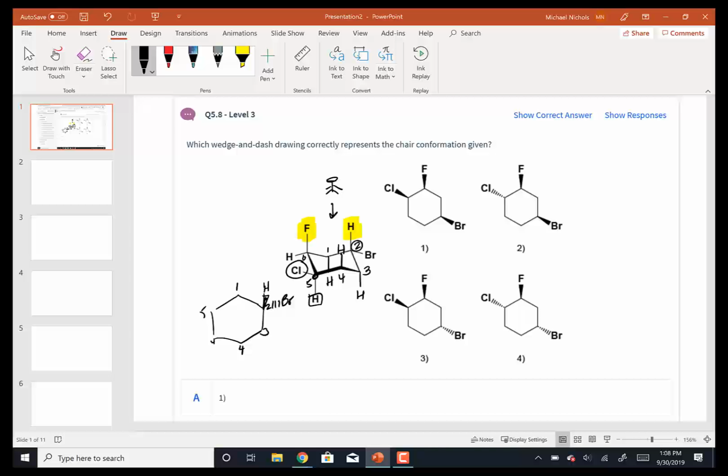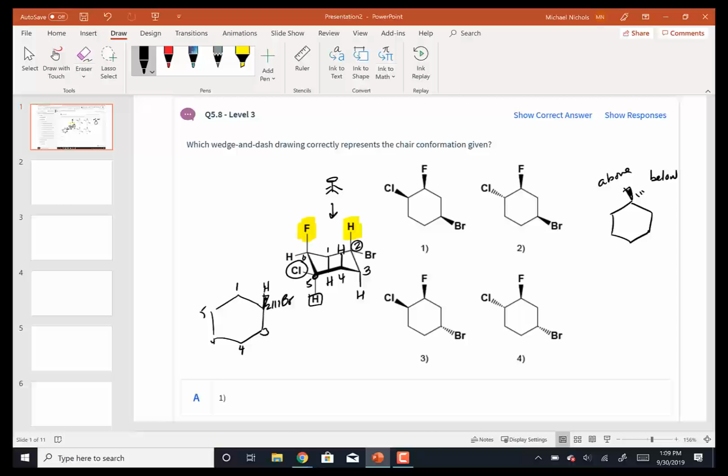So if we're writing a flat cyclohexane ring, the bold wedges, if my perspective is above the plane of the ring, are above and the dashed are below. So in this case, bromine would be below. Carbon 3, carbon 4, there's no substituents.